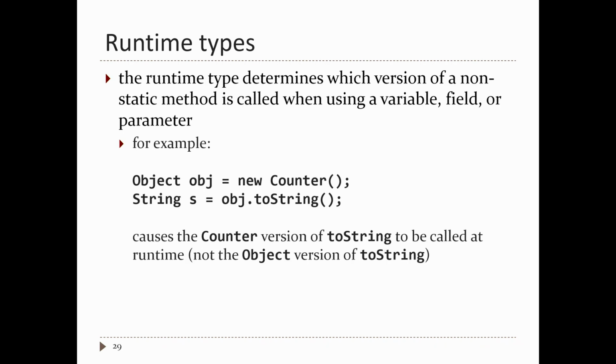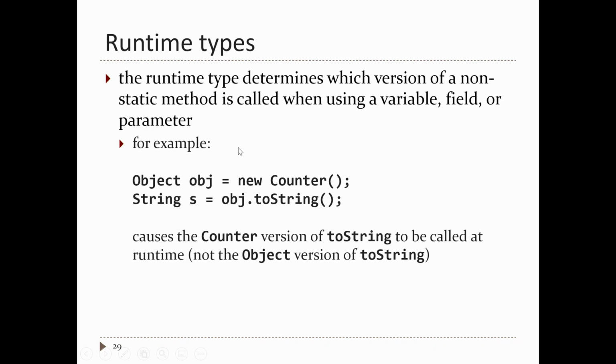Why does the runtime type matter? Because the runtime type determines which version of a non-static method is called when you use that variable. Think about that for a second. What version of the method is going to get called when you use that variable? So here's obj. Its declared type is Object, but its runtime type is Counter.